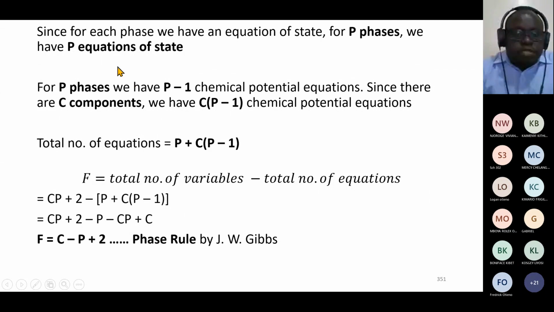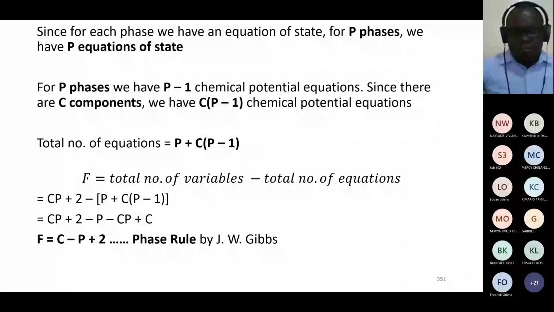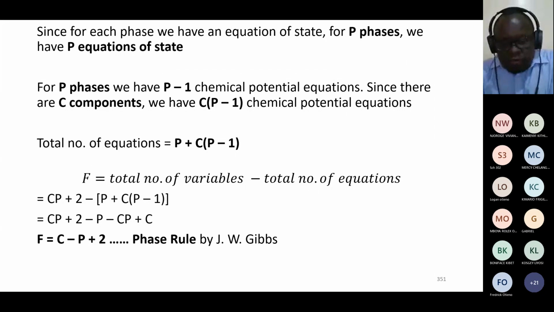there are also chemical potential equations. We saw that if you have two phases, then you're going to have one chemical potential equation, because equating a chemical potential equation equates the chemical potential of a component in one phase to the chemical potential in the other phase.